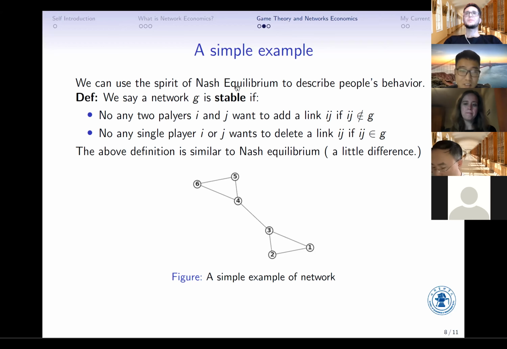Yes, this is the definition of stability, and you can define strong stability, which needs more conditions besides these two definitions. You need more conditions, because here I just say that any two players want to add a link ij, but we can easily know that maybe four of them want to add links to each other.